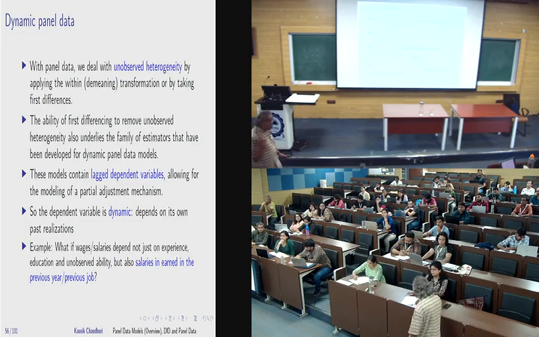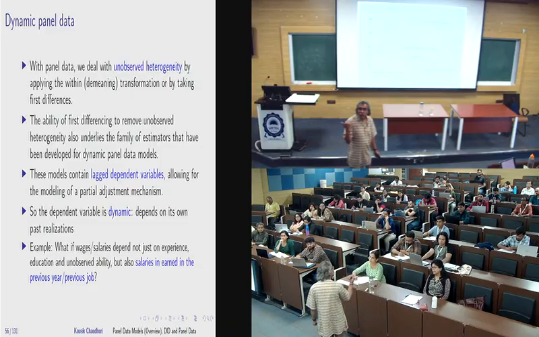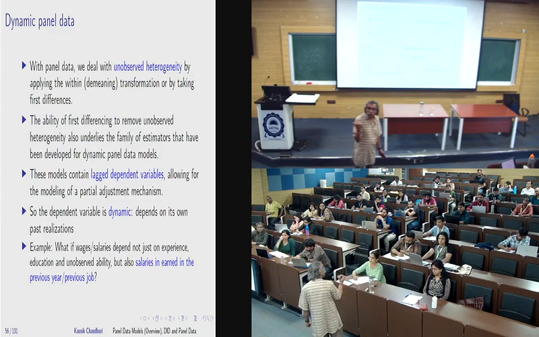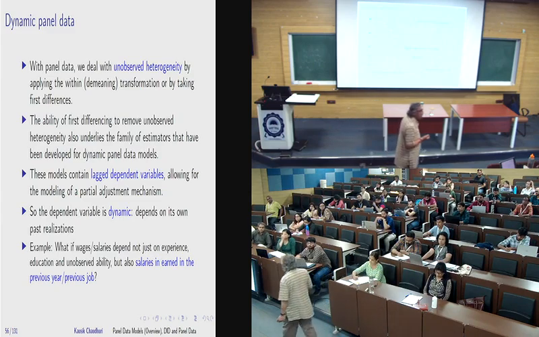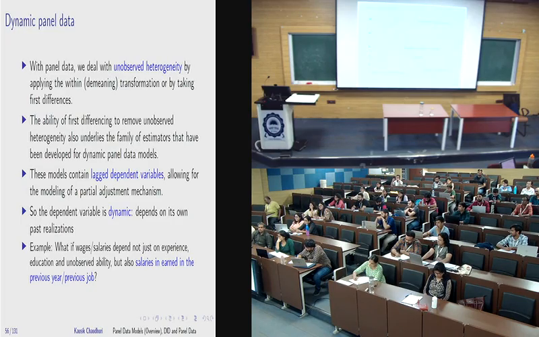Clear? But note, if I start with the original model, I had Y_it depending on Y_it-1. Recall, which you have learned perhaps in your basic econometrics, that when I have the lagged dependent variable, the coefficient associated with the lagged dependent variable doesn't get estimated properly, right? So I need to do something like a GLS.